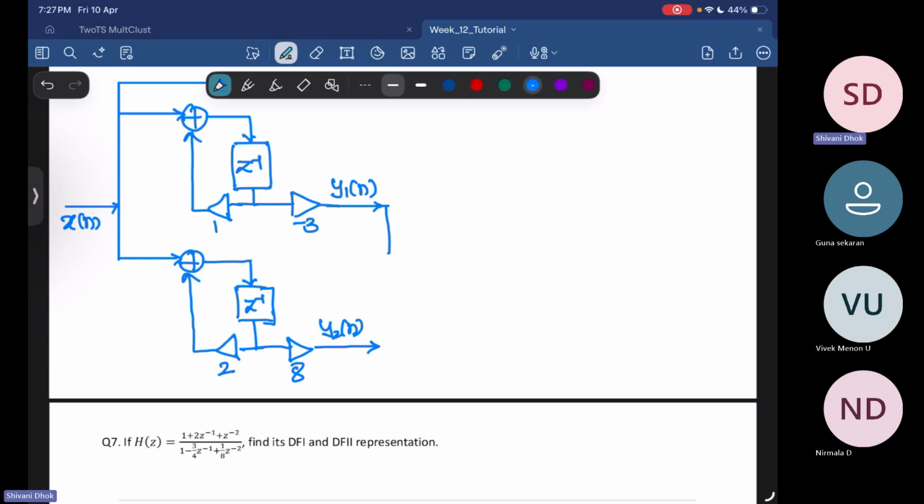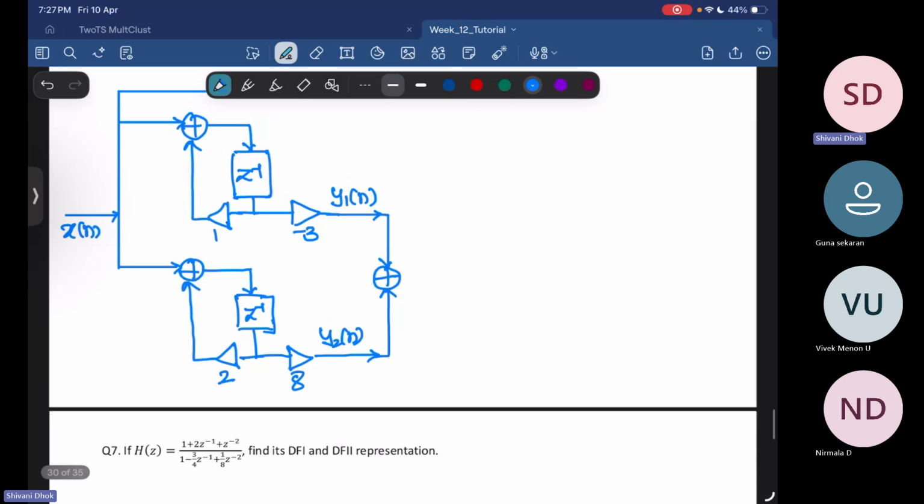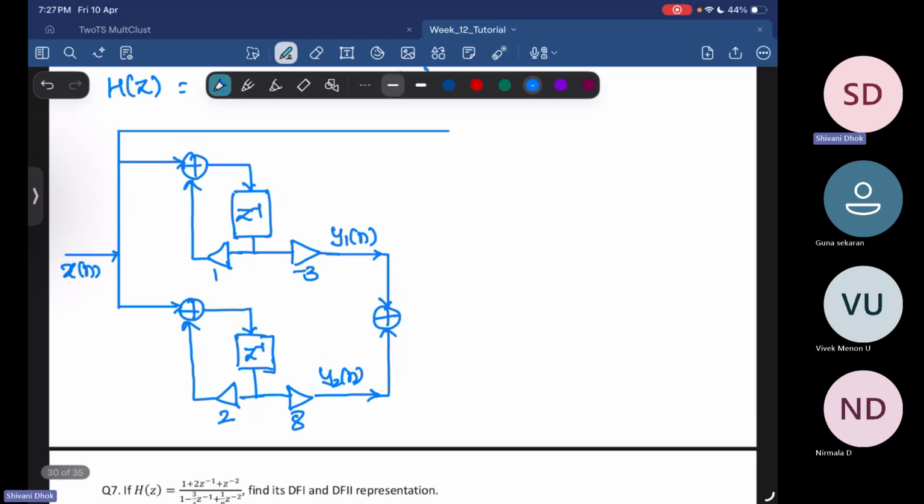Now this gets added here, and this is basically your y1 of n plus y2 of n. That also gets added with 1.